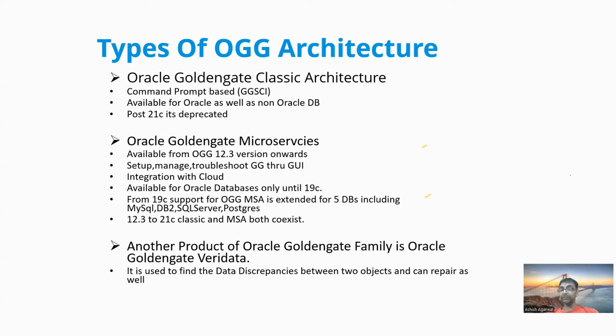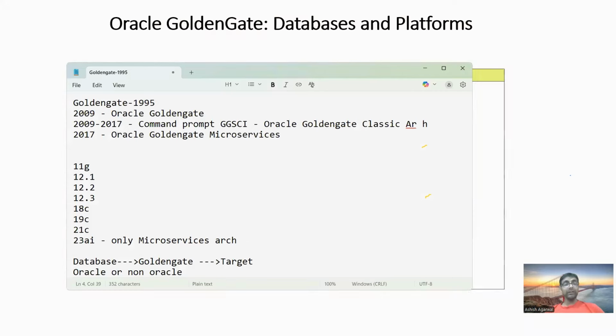From 12.3 to 21c, classic and microservices both coexist. That is all very important. Basically, in 12.3 microservices was launched. Until 12.2, it was only classic architecture. There was no microservices.